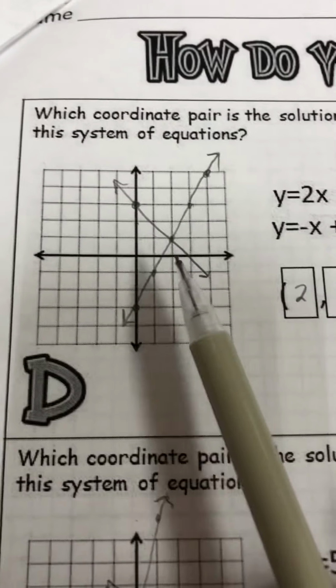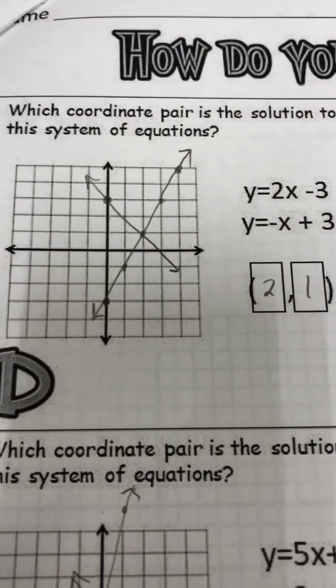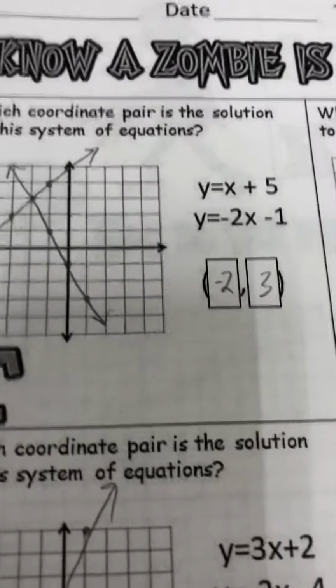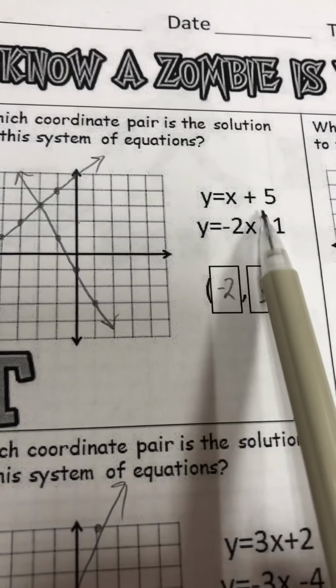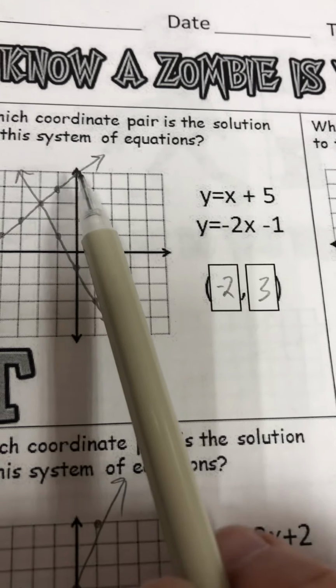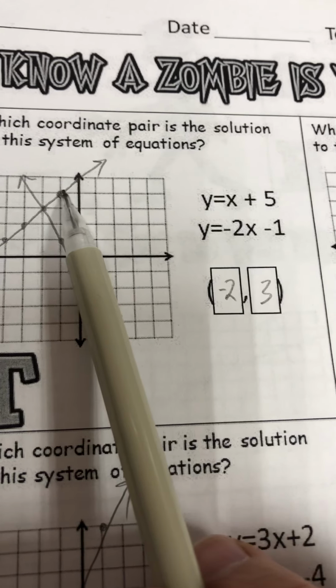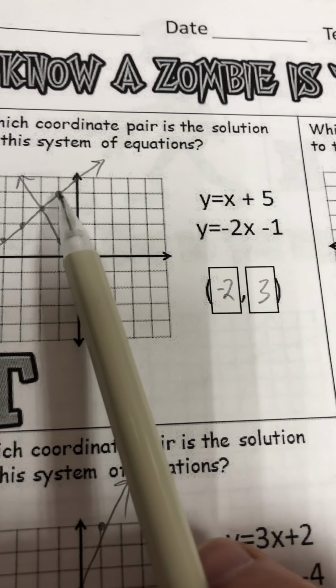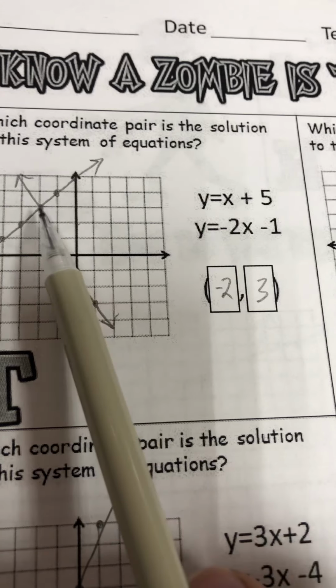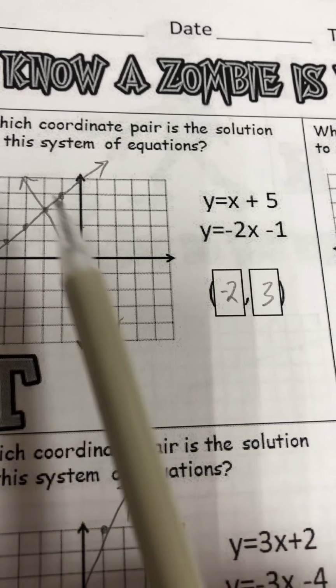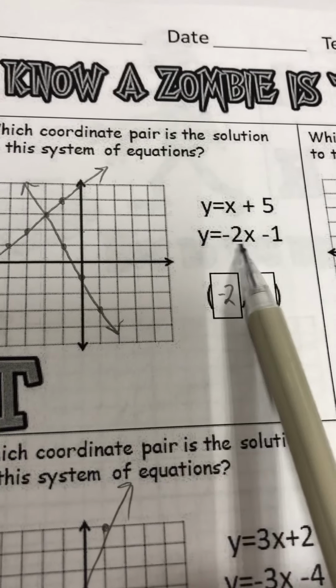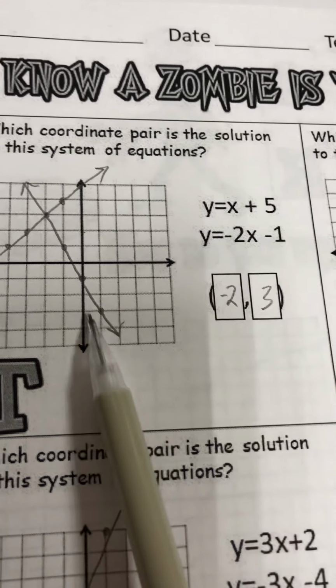Okay, so doing the same thing. I'm not going to do all of these. I'm just going to do most of them. This one, you see I started at +5. And then I couldn't go up any higher because I'd be off the chart. So I had to go backwards a little bit so that from this point to this point, it goes up 1 over 1. This point to this point, it goes up 1 over 1. And then for this line, I start at -1.